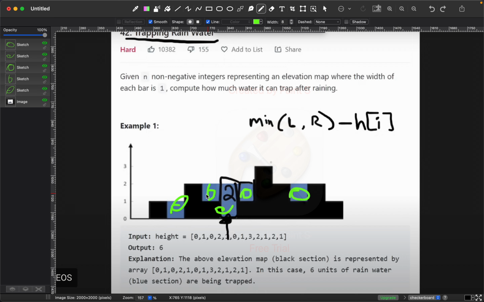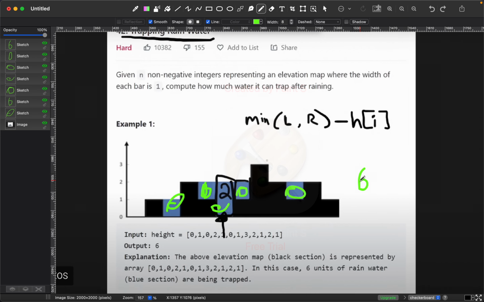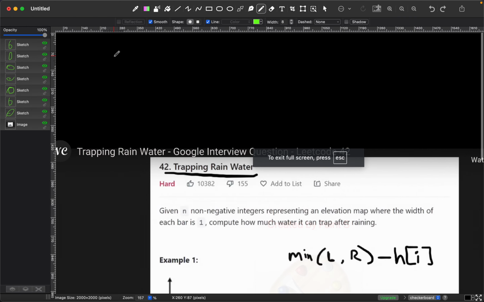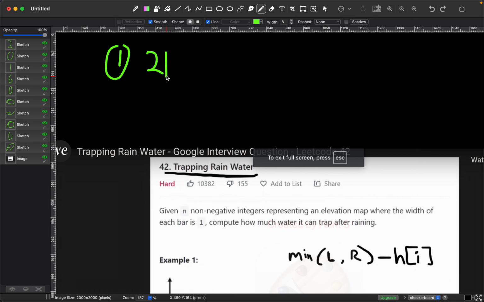Obviously we see 1, 2, 3, 4, 5, 6, so a total of 6 of them, and what you do is basically use two-pointer to solve for this.